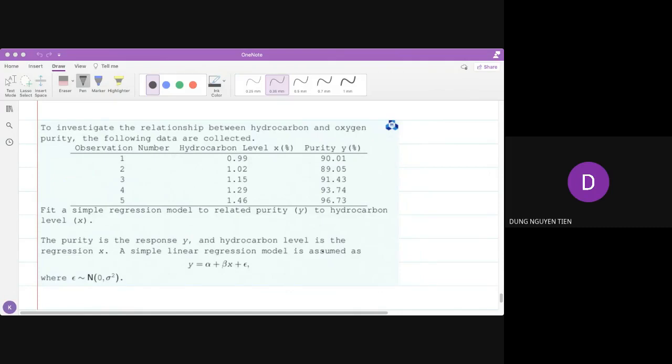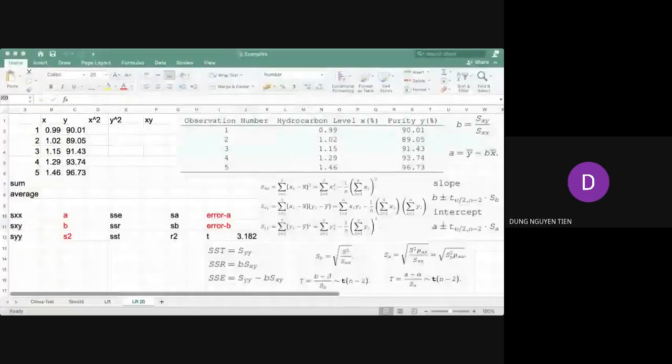I'm going to share the Excel with you so that you can see all the steps I do to get the result. Okay. Can you see the Excel file? Can you see it?